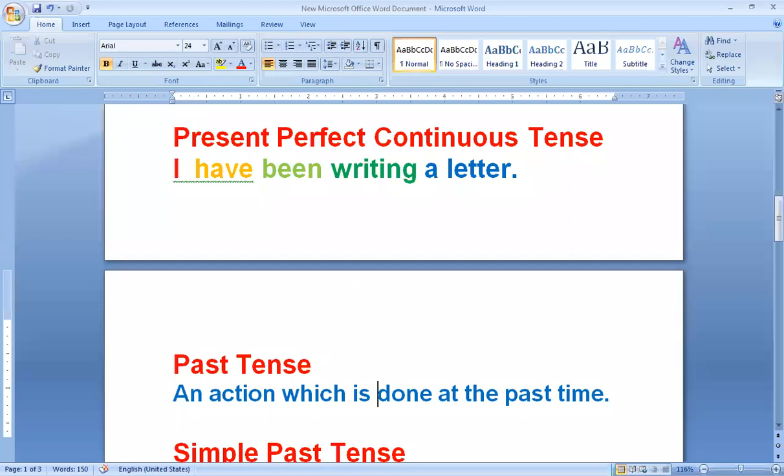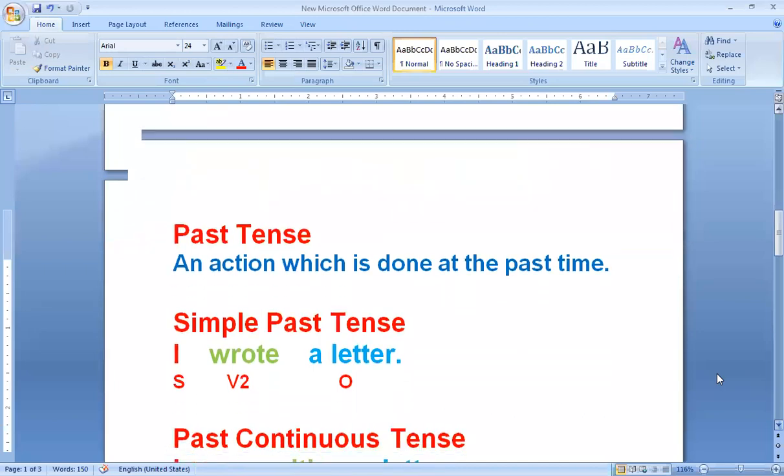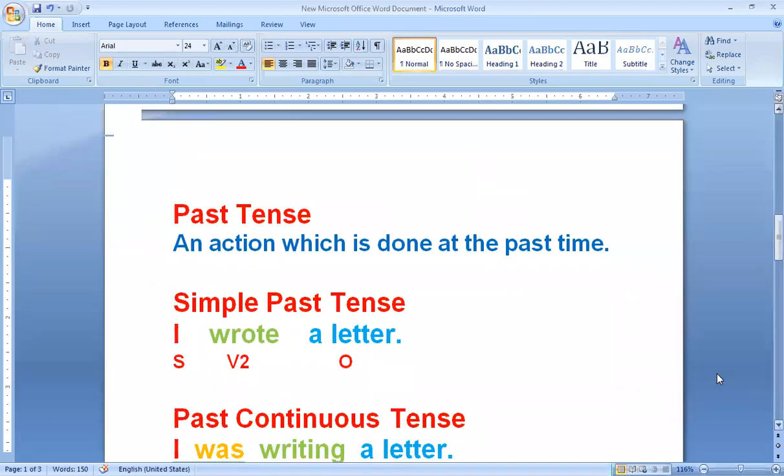Now, past tense is divided again into 4 subtenses: simple past tense, past continuous tense, past perfect tense, and past perfect continuous tense.